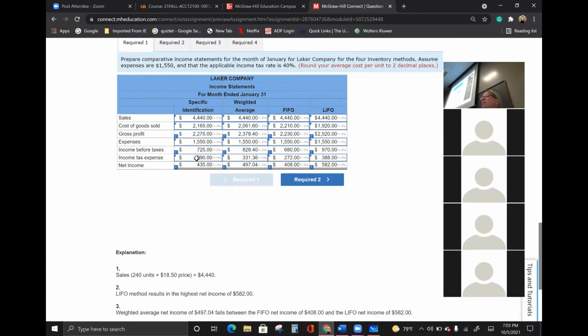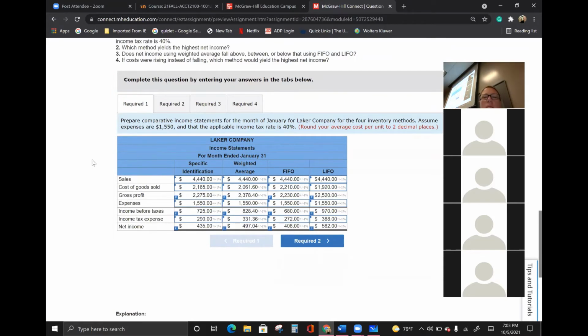You have a calculator? Just to make sure, I don't want to tell you something that's wrong. It should take the income of the 725, multiply it by the 40%. 290. And then we deduct that from the income before the taxes, deduct the taxes off, and then we can come up with our net income after the tax.